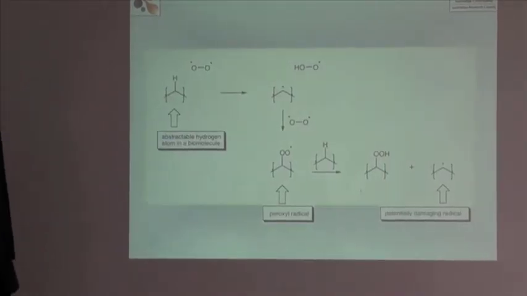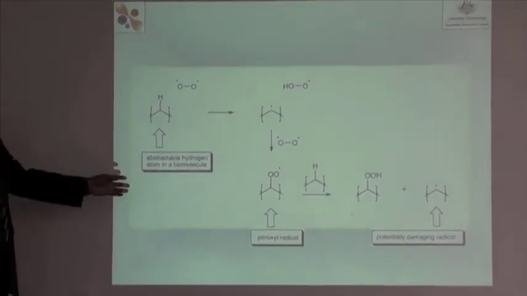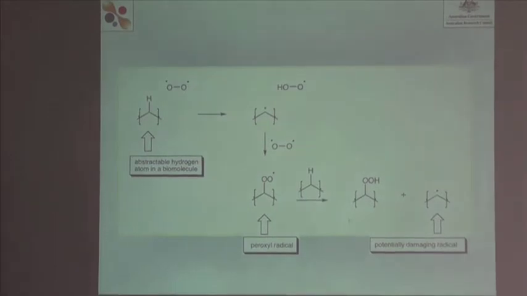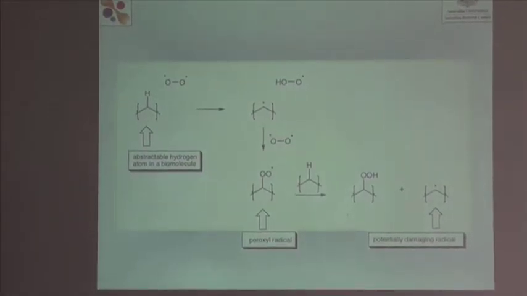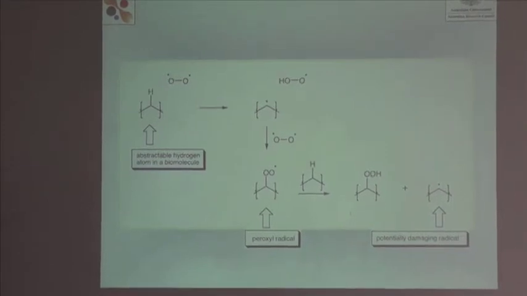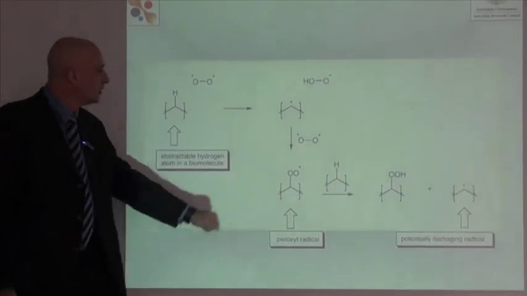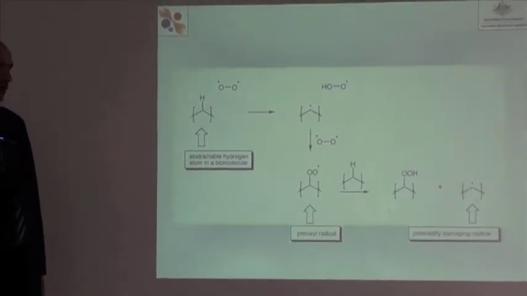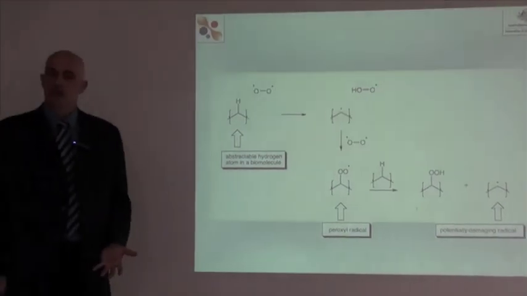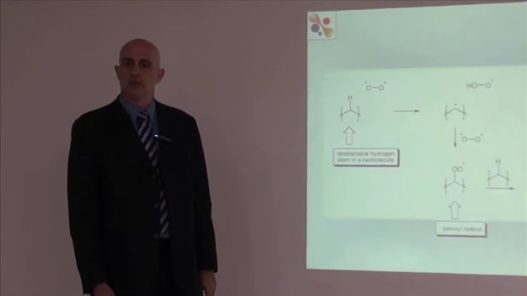So in this particular example here, I have molecular oxygen reacting with a hydrogen atom in some molecule. Let's pretend it's a biomolecule. By satisfying itself, it generates a free radical in that biomolecule, which can go on to react and produce other potentially damaging free radicals. If that free radical is generated in DNA, you can lead to some serious problems from a health perspective.